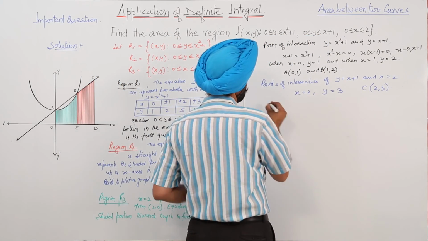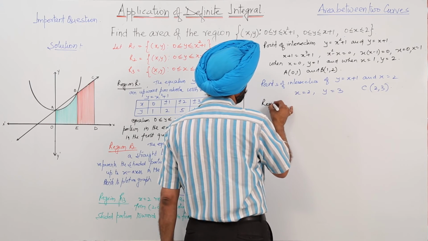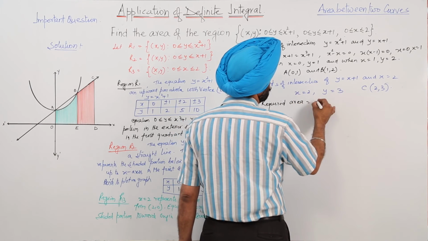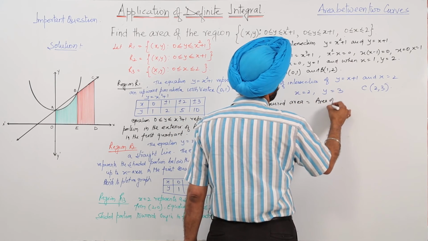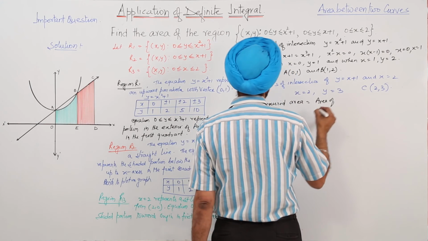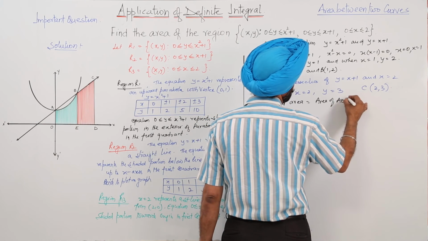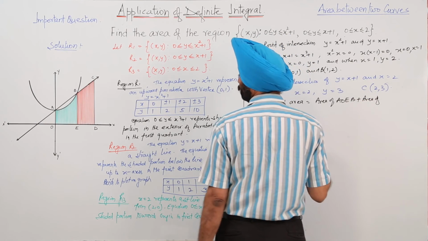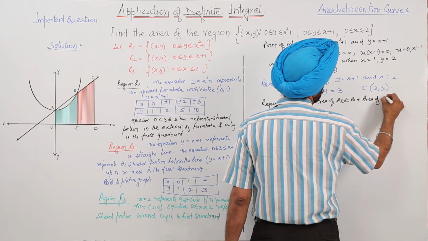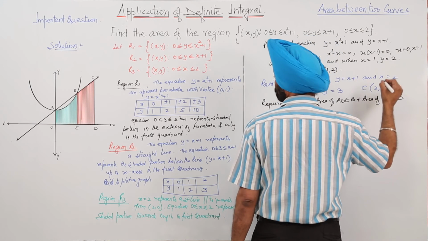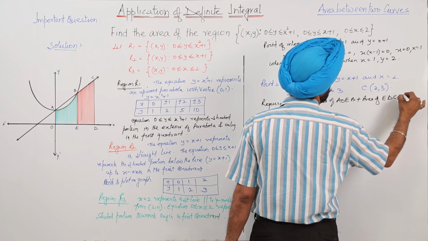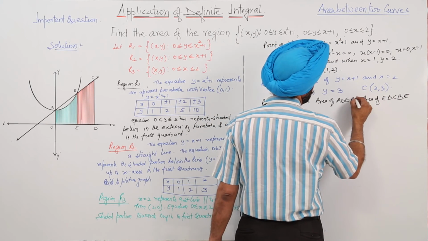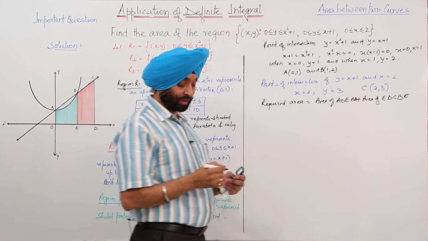Required area is equal to the area of AOEB plus the area of EDCB. So these are the required areas.